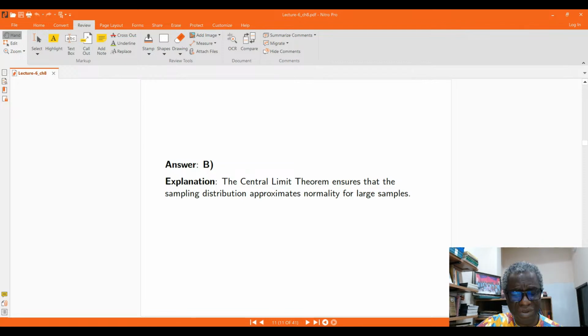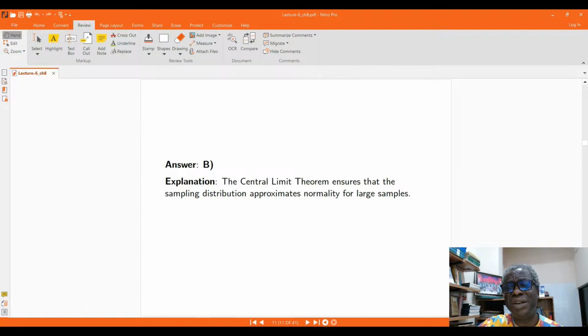The central limit theorem ensures that the sampling distribution approximates normality for large samples. We discussed the central limit theorem extensively.